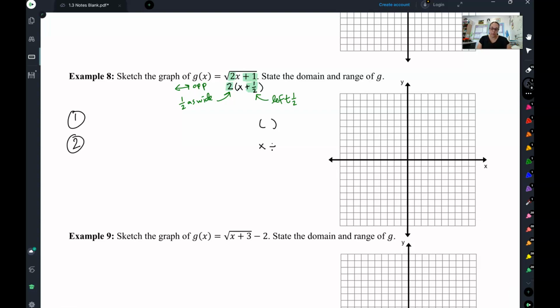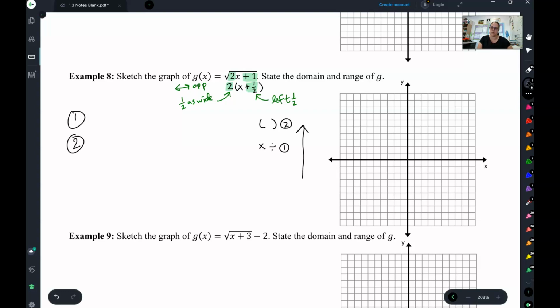So normally we would want to take care of this one first and then this one. However, because these are both inside, they are opposite, which means I actually want to do the multiply, the scaling first, and then the parentheses.